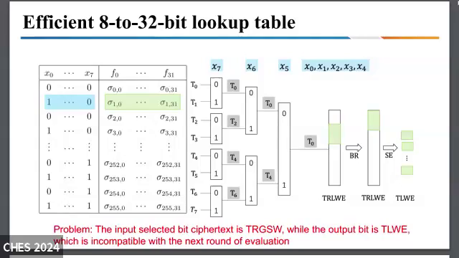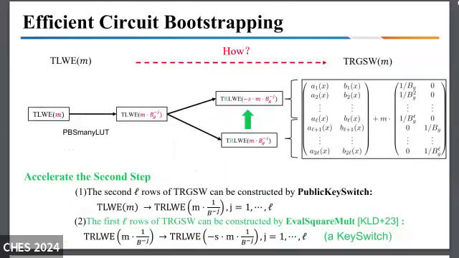So if you want to move to the next one, that is incompatible. So we must use circuit bootstrapping. Circuit bootstrapping actually means it can convert TRLWE ciphertext to TRGSW ciphertext. It consists of 2 steps.